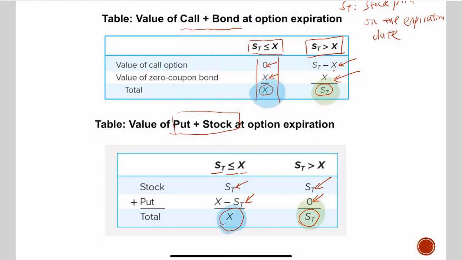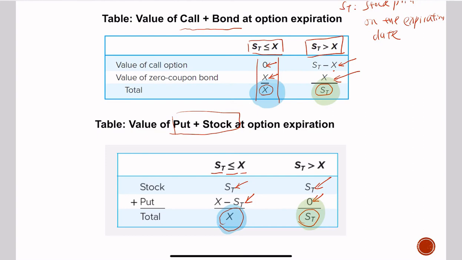You can see that under two different scenarios, the call plus bond strategy has the same payoff as the put plus stock strategy.